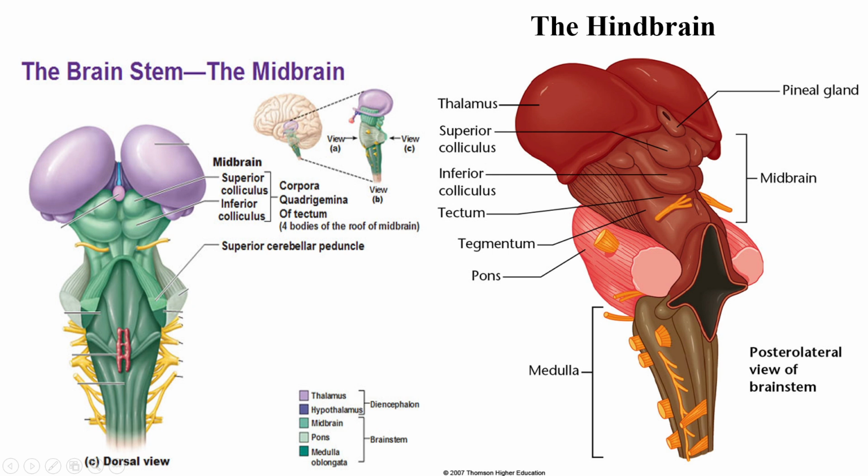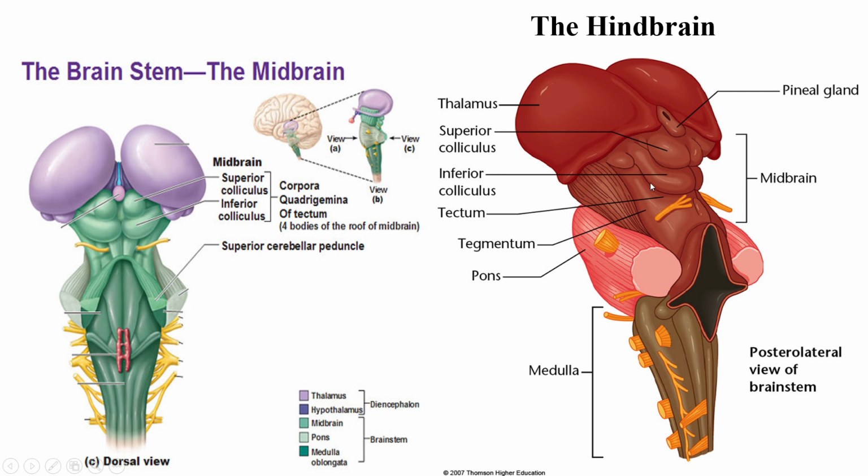On the component named hindbrain, I think here, aside from how the midbrain looks from this angle, I'd like to also bring out the fact that we have components that are very vital in sleeping, such as the pineal gland, with the thalamus being the gateway to the brain.